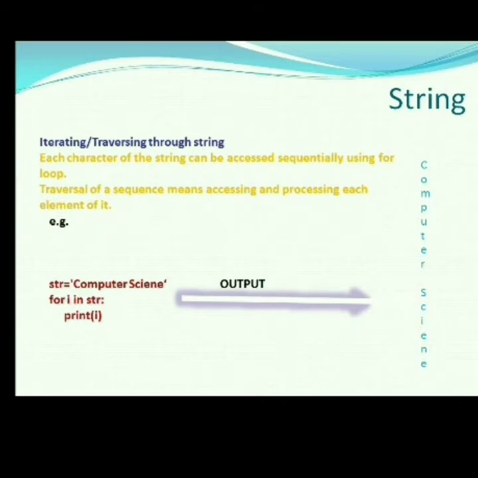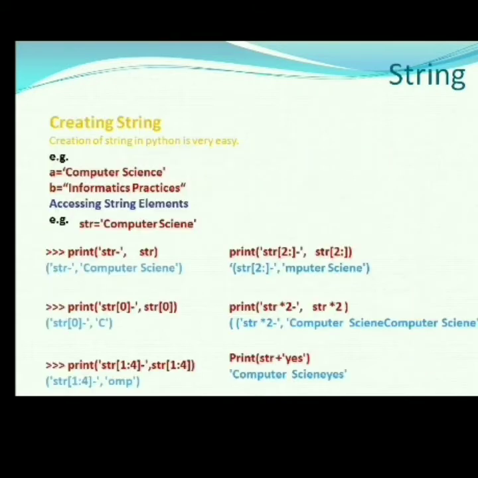Traversal of a sequence means accessing and processing each element of it. Each character of a string can be accessed sequentially. To create a string, we simply assign a value to it. Here str is equal to computer science, and print str will simply print computer science.